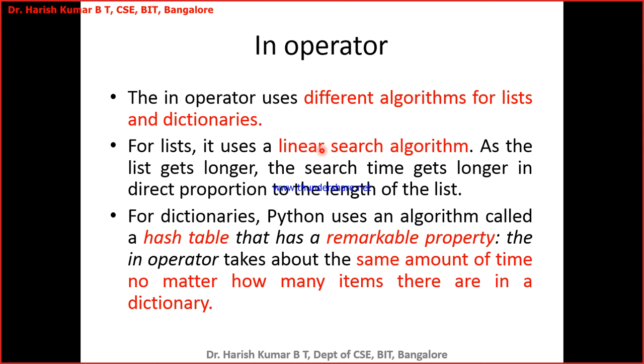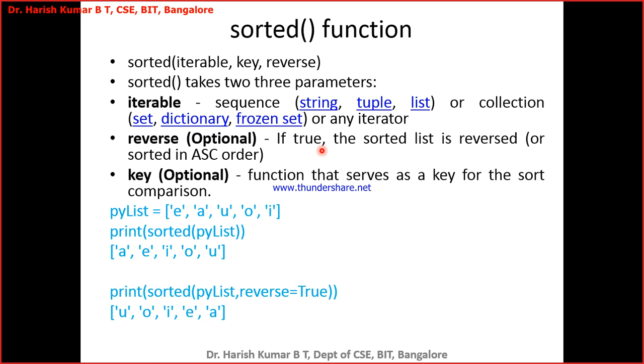And then how the in operator works with the list and how it works with dictionaries, you understood. The in operator uses a linear search algorithm on a list, and on dictionaries the in operator makes use of the hash table. Since it uses the hash table algorithm in a dictionary, irrespective of the number of key value pairs present inside the dictionary, accessing any key or value takes the same amount of time.